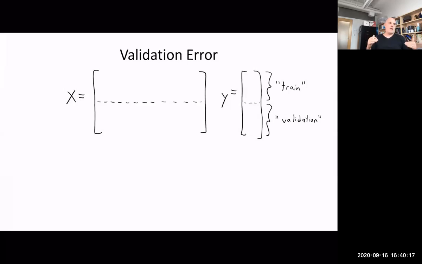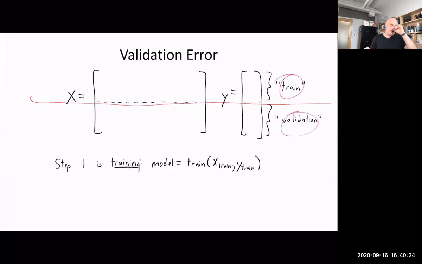So X and Y are as before, we just split them. And we're going to see different variants of this split, so don't get too worried about exactly how we split it and what fractions and so on, like the question that came before. Just be aware that there's going to be a training data set and some validation data set. So step 1, you train the model using X train and Y train.